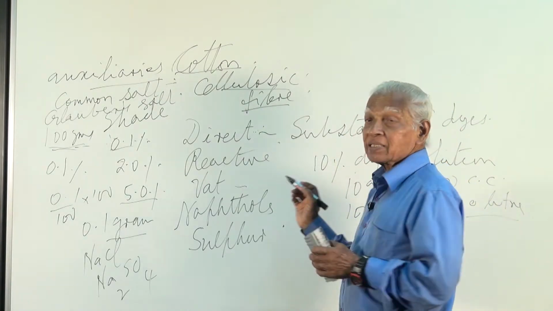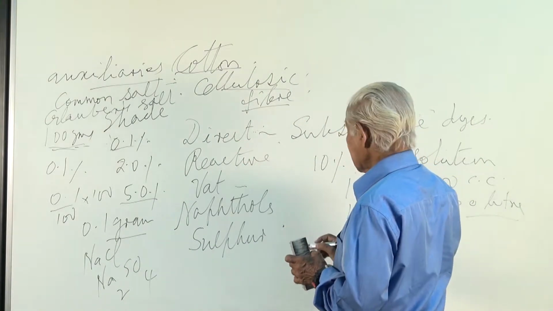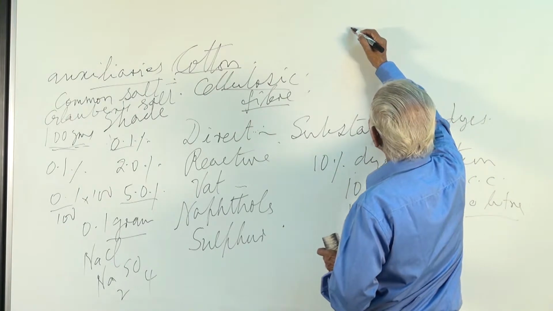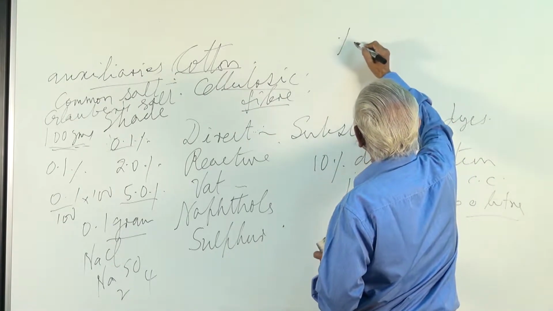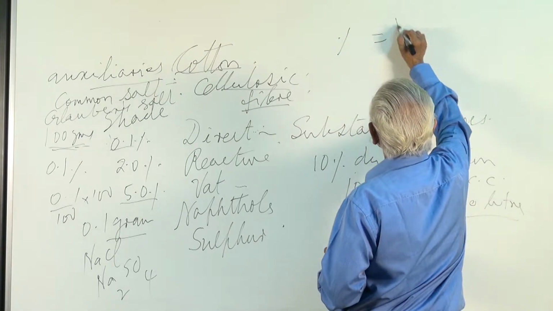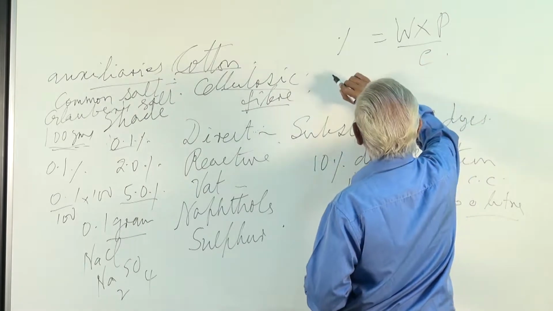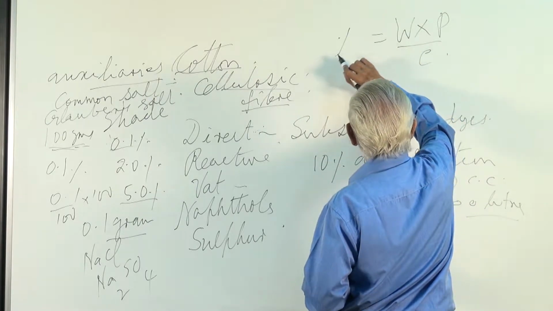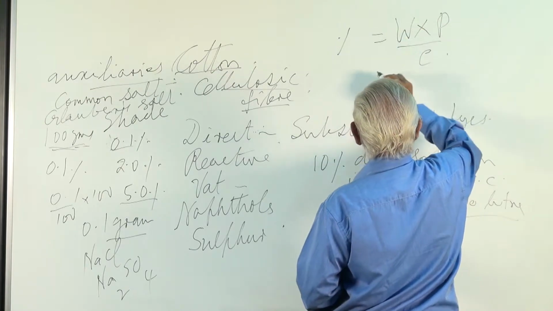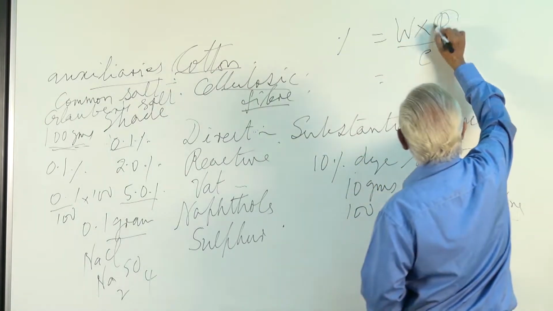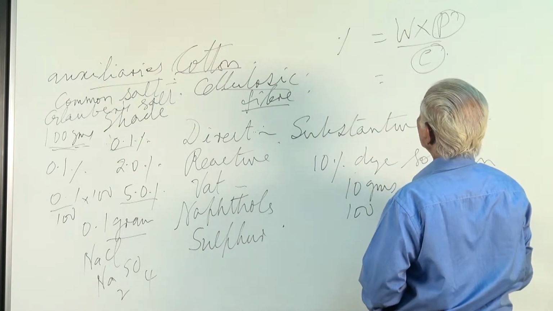So, having prepared this dye stuff solution, and if the weight of the material is 100 grams, W into P divided by C will give you the amount of solution that is to be added, where W is the weight of the material, P is the percentage shade, and C is the concentration of the dye stuff solution.